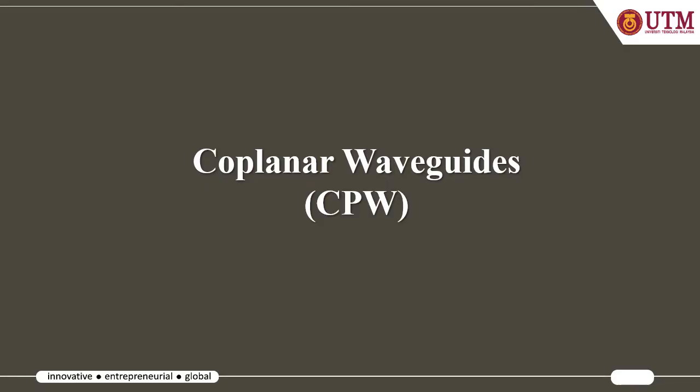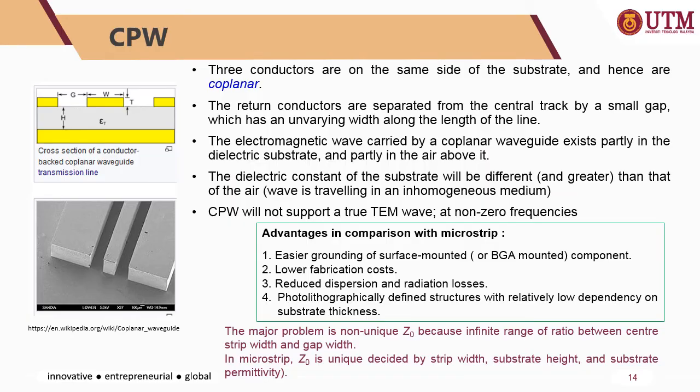Okay, another type of planar transmission line is the coplanar waveguide, or called CPW. In CPW, the structure is more or less the same as a microstrip line, but it includes three conductors separated by smaller gaps.